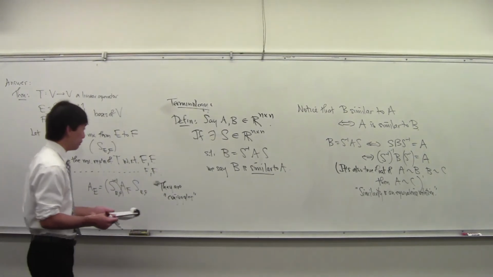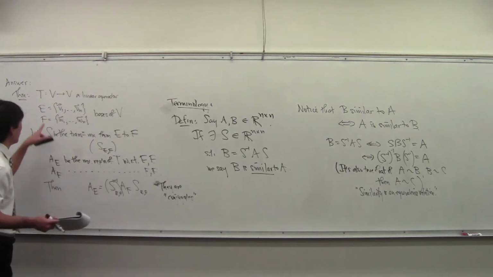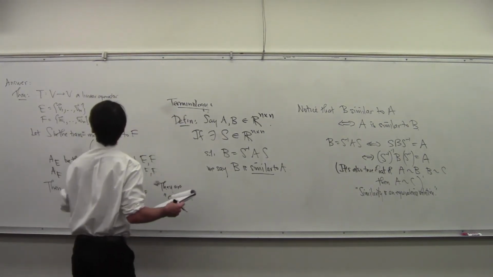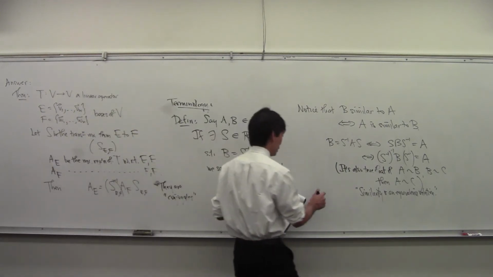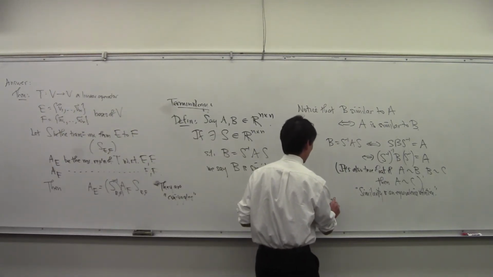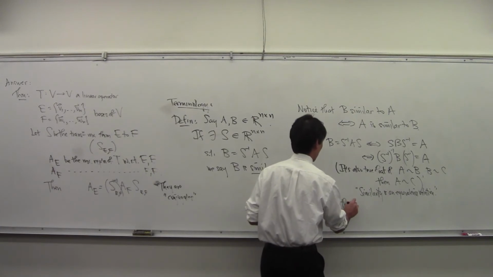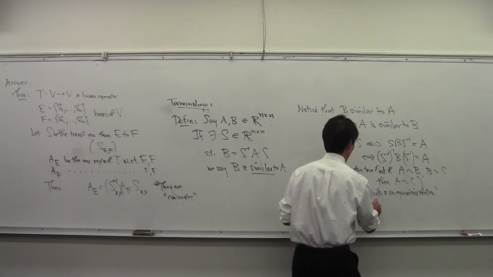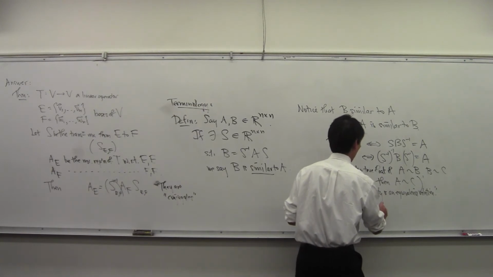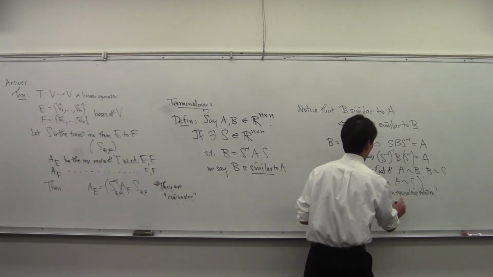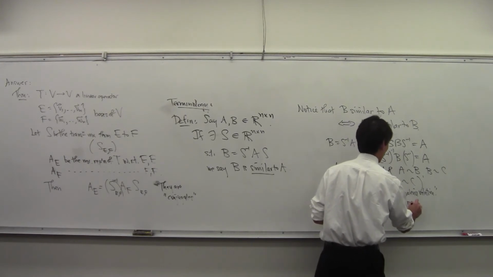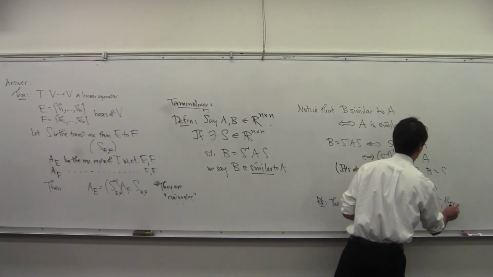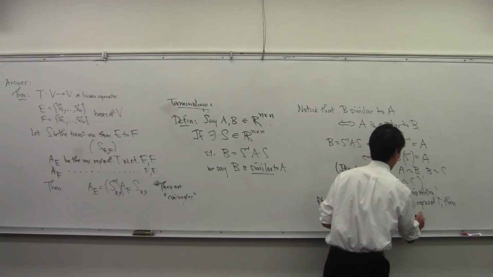Okay, so what this is saying over here, the theorem says that if A, E, and F are matrix representations of T, then they are similar matrices.